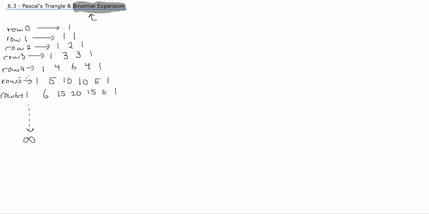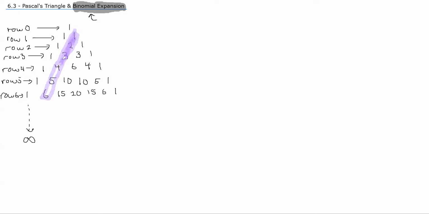Why do we write it this way? Number one, for convenience. The diagonal that has all the ones doesn't do anything special for us. But take a look at the second diagonal. The second diagonal seems to correspond with the actual row number.